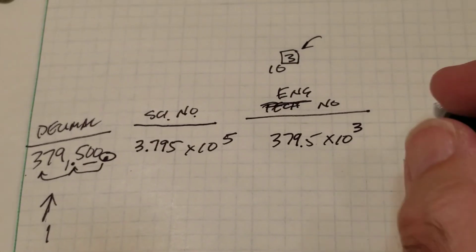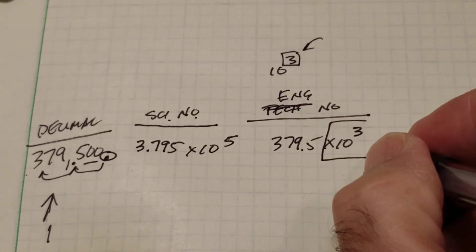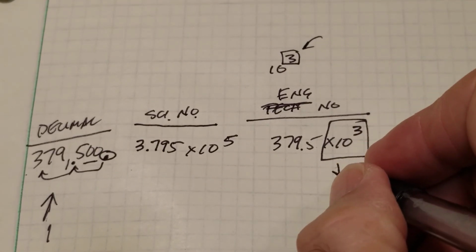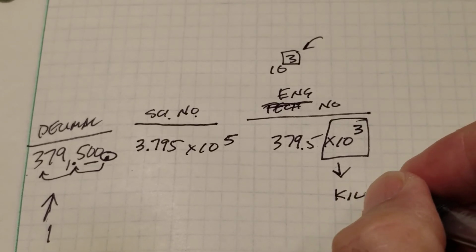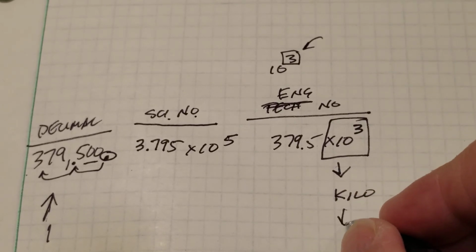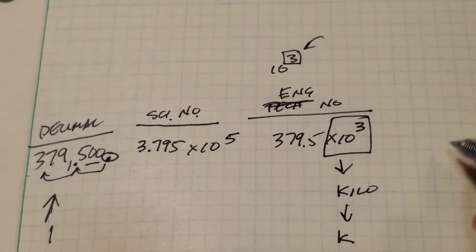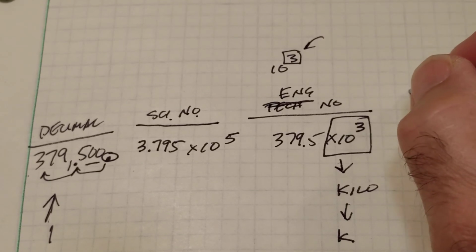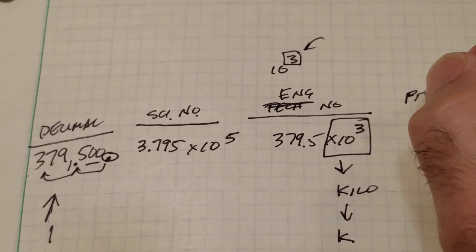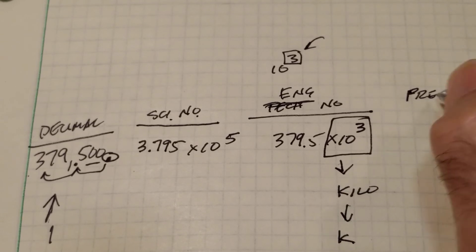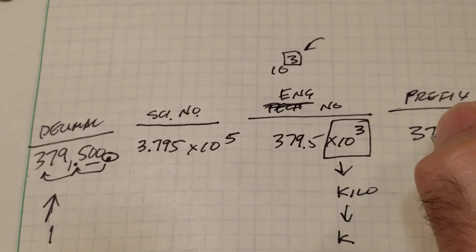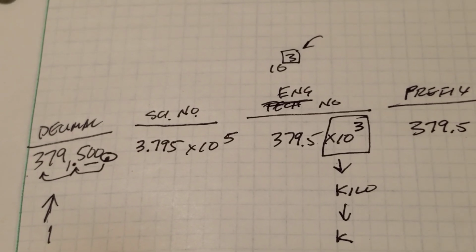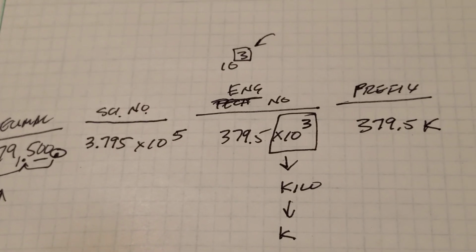Okay. And now I'm going to take this power of 10 and look at my chart or what I've memorized and realize that that is a kilo, and the kilo symbol is a capital K. So in a metric prefix, we're going to write this number simply as 379.5 K. There's the K for you.